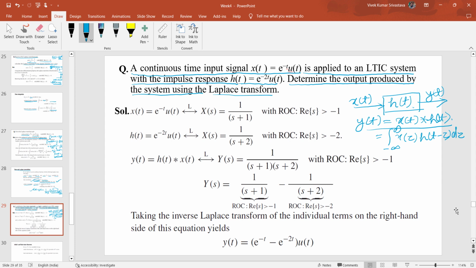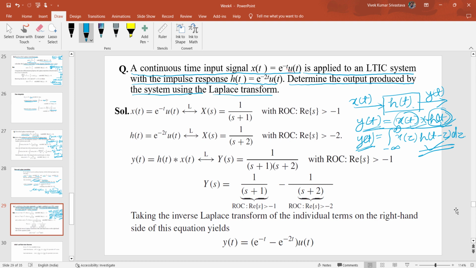So either by evaluating this integration you can evaluate the output y of t, or we can first convert these signals into the Laplace domain, and then evaluate the output. Here we will use the second method: we will first convert the time domain signals into the frequency domain, and then evaluate the output of this system.